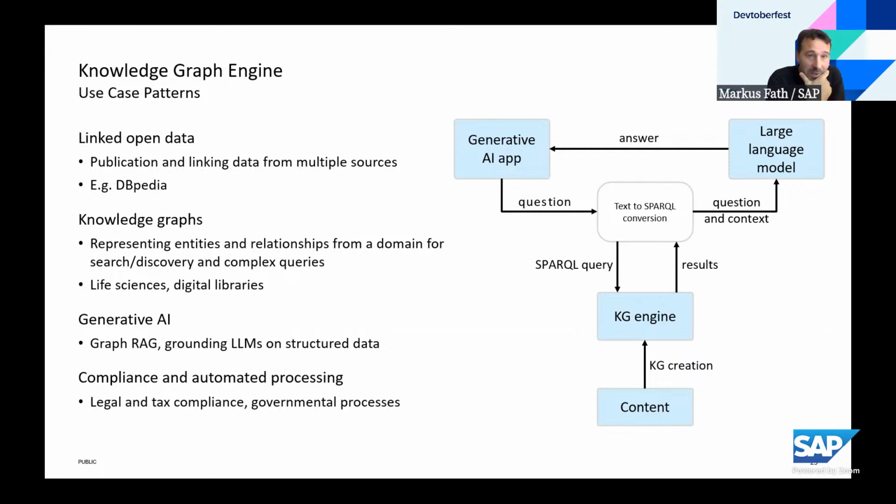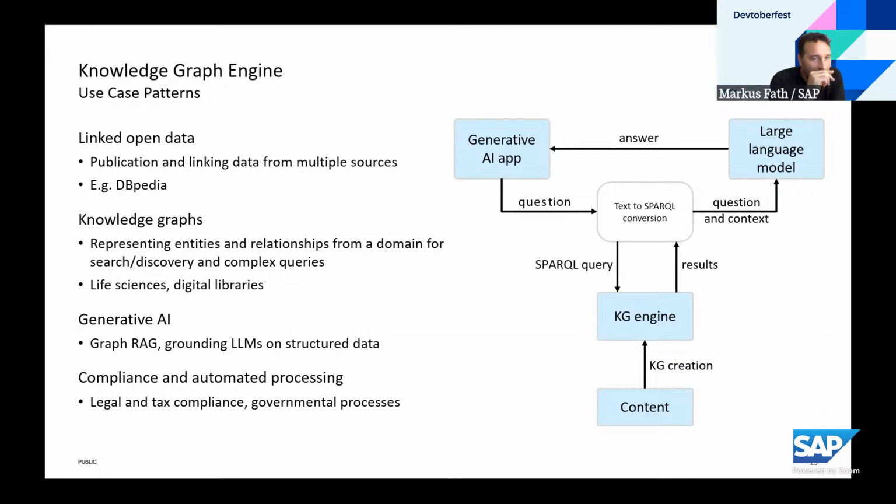But the reason why I listed it there is that linked open data projects or initiatives have been around for decades, and probably were the most prominent driver for that RDF stack, for the SPARQL query language, and all the related technologies.